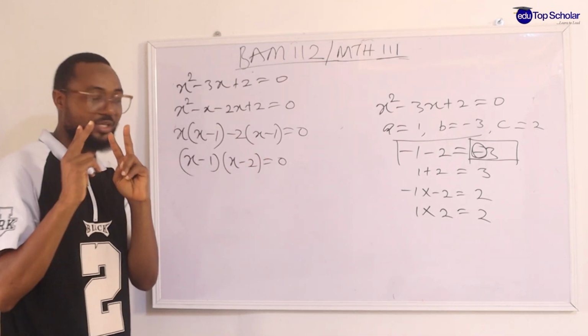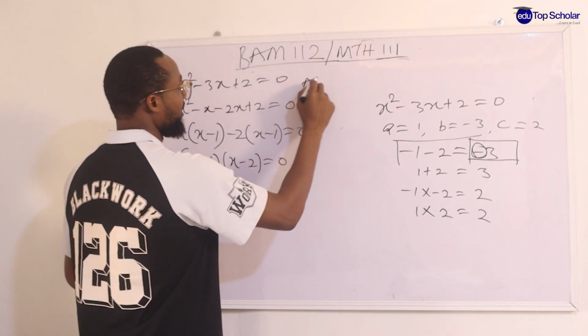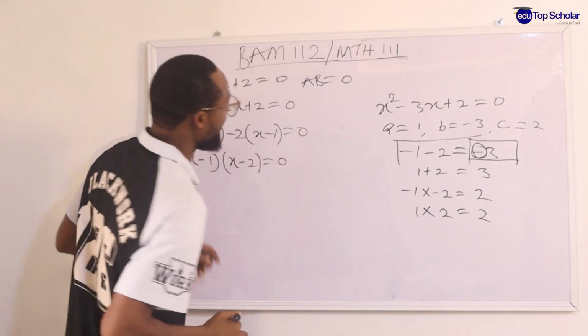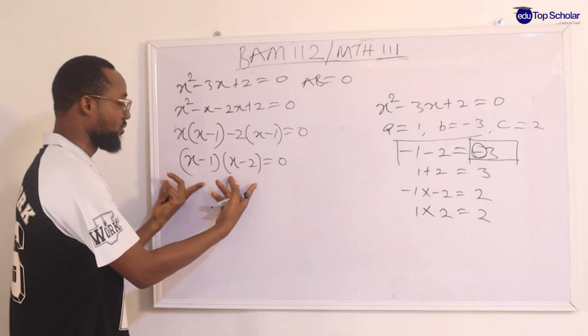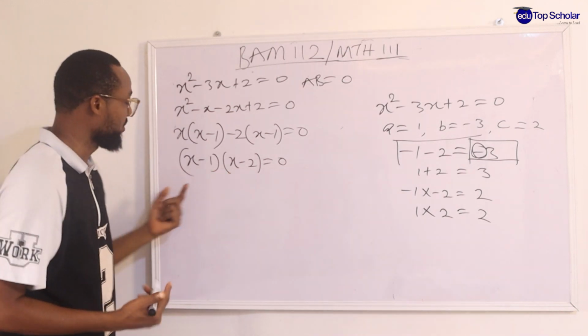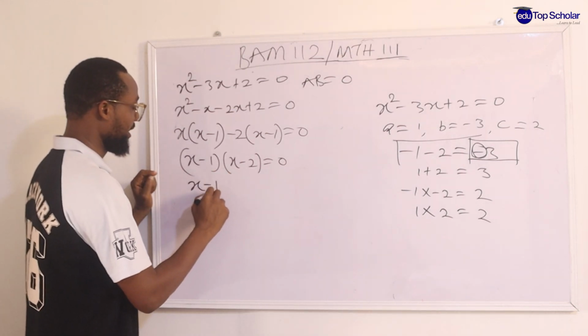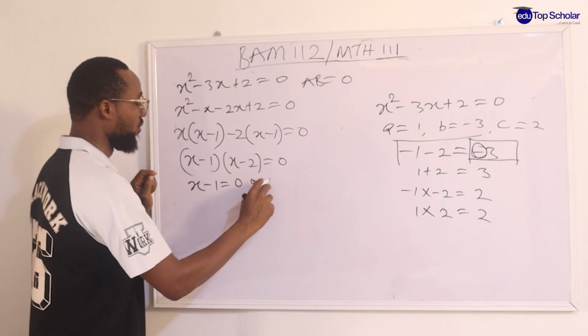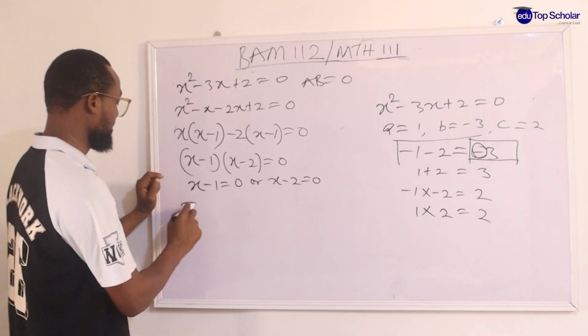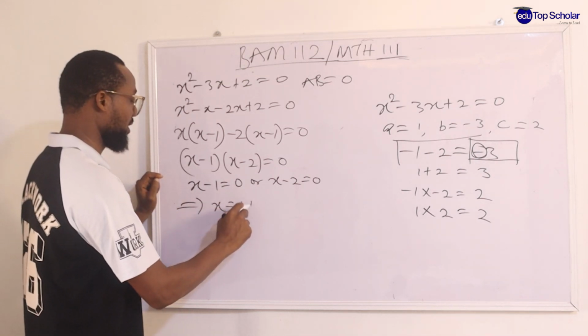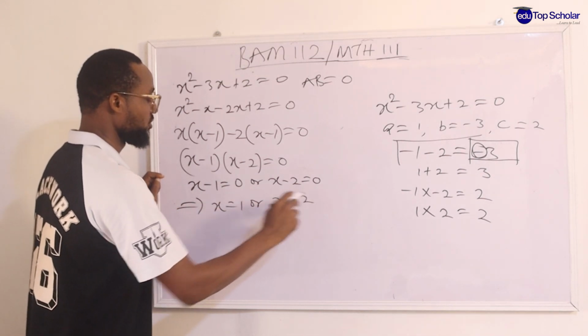When we multiply two things, a times b equals 0, it follows that either a or b is equal to 0. Therefore, if we have these two things multiplying each other and we have 0, definitely either x minus 1 is equal to 0 or x minus 2 is equal to 0. This implies that x is equal to 1 or x is equal to 2.